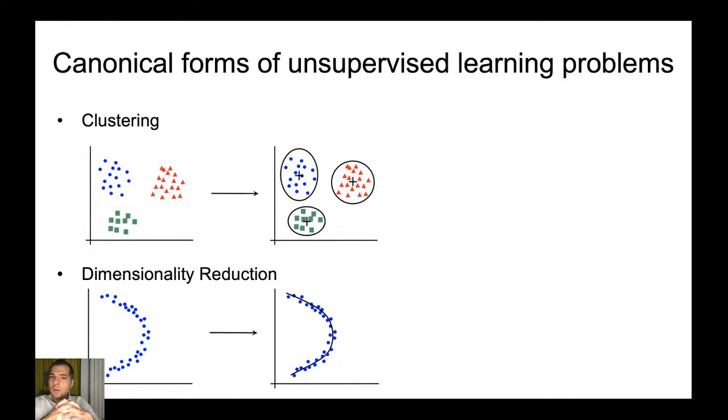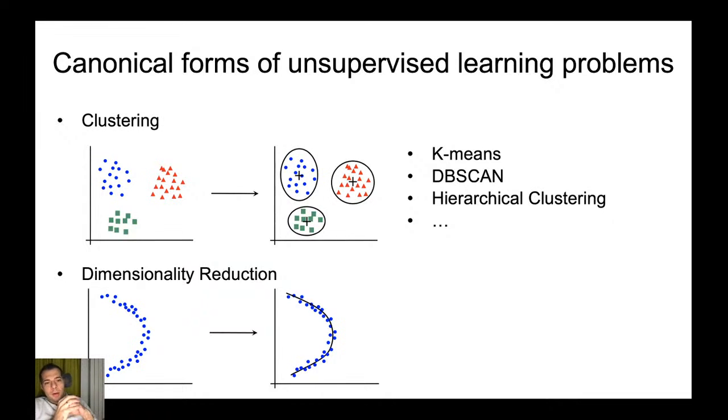And we have two canonical forms of unsupervised learning: clustering, which is about grouping data based on similar patterns, and dimensionality reduction, which is trying to project the data in a subspace where the representation is more meaningful.